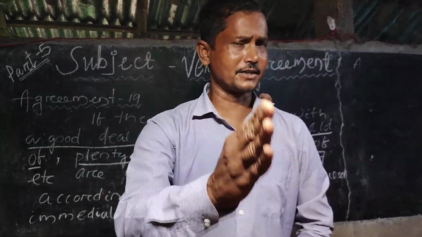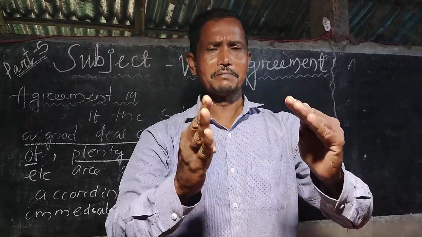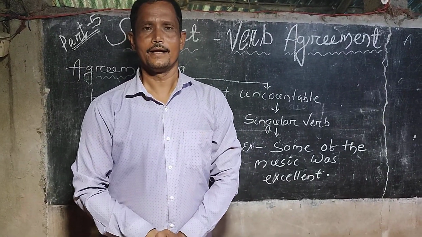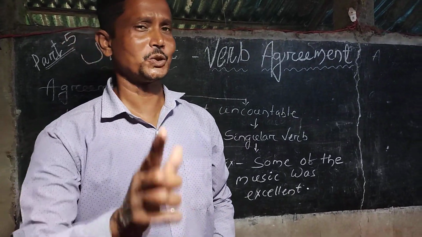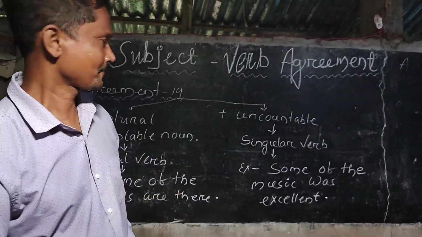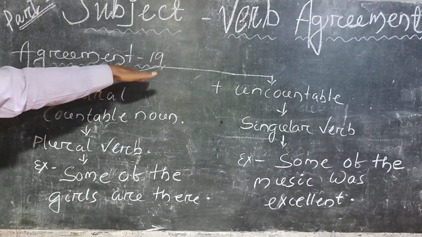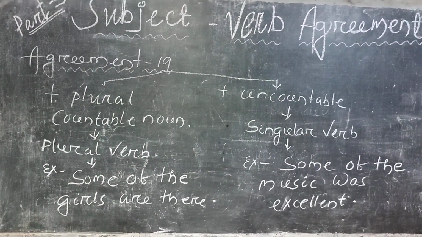To make the fact clear, I am about to draw a diagram. This diagram will help you a lot to make this fact clear. So what is the diagram for agreement 19?